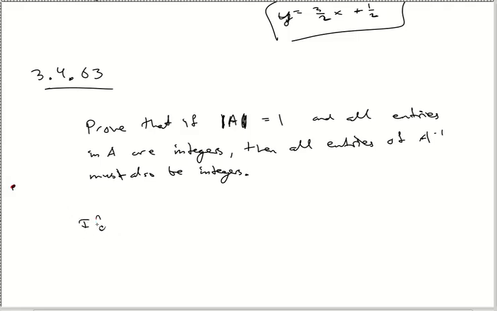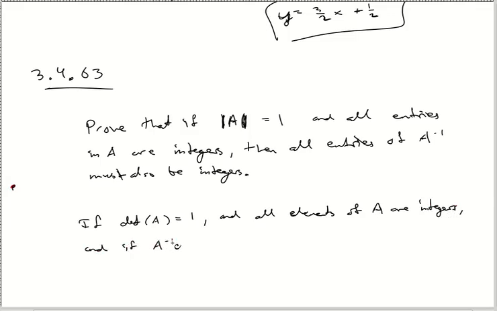So if we have the determinant of A is equal to 1, and all elements of A are integers, and, here's something else, if A inverse is equal to 1 over the determinant of A times the adjoint of A, and you're like, wait, what?